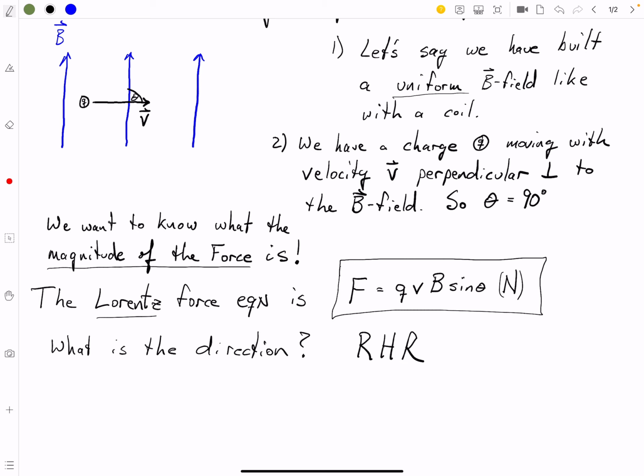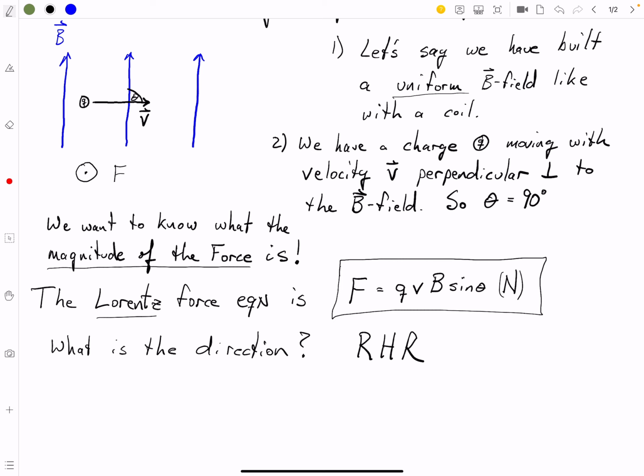There's a lot of different ways to do this. Some people put their fingers along V, curl towards B, and then your thumb points in the direction of F. So F is out of the page. That's the direction for F, out of the page.